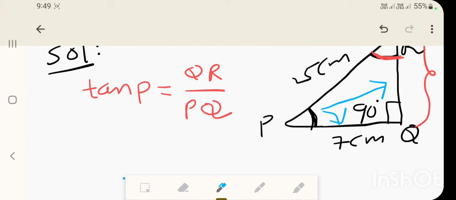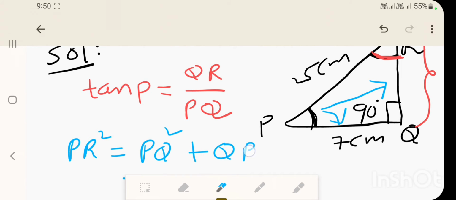So from Pythagoras theorem we know that the hypotenuse length square, that is PR square, is equal to the sum of the squares of the other two lengths, that is PQ square and QR square.